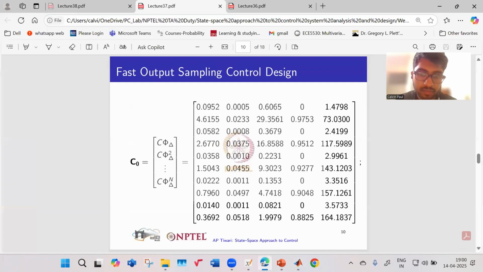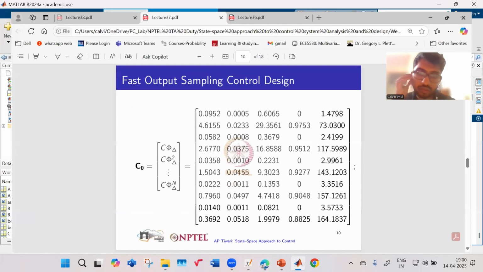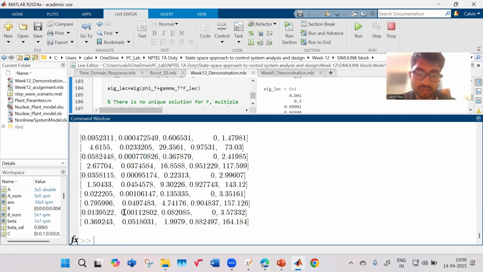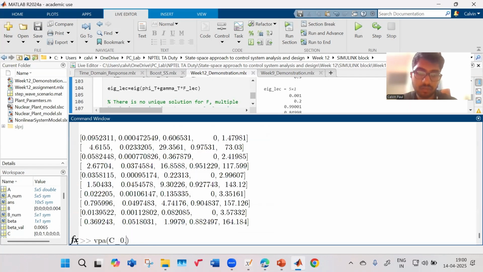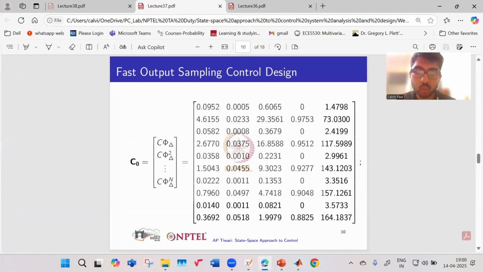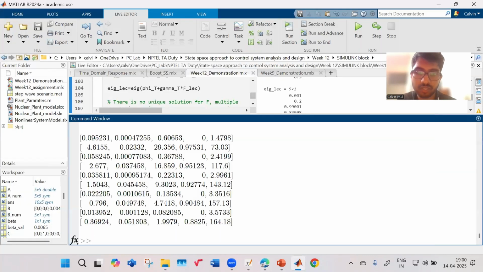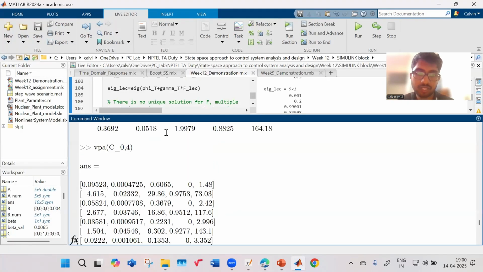Okay. Some cases it is 1.47. Okay. C naught, 6.4798. C naught, 5. So this 0.0952, 1.4798, 73.03, 164.18. There is some mismatch.